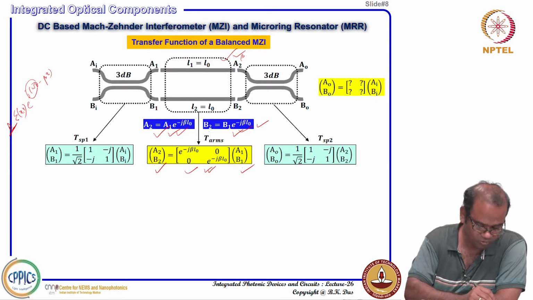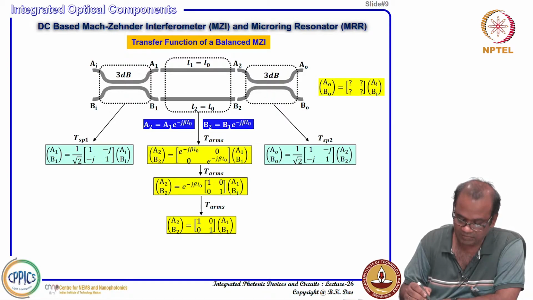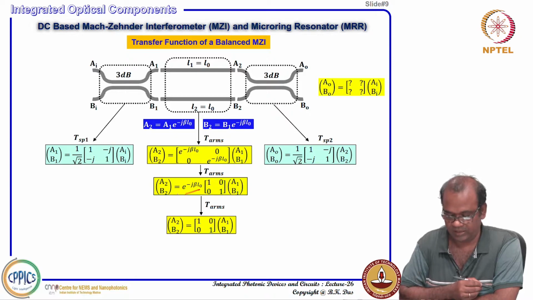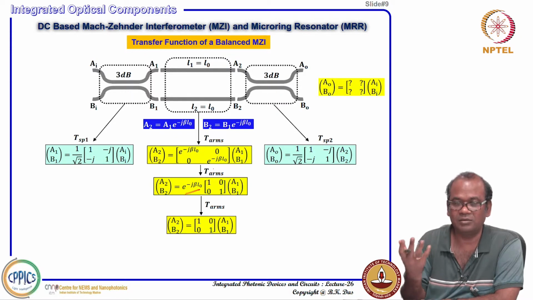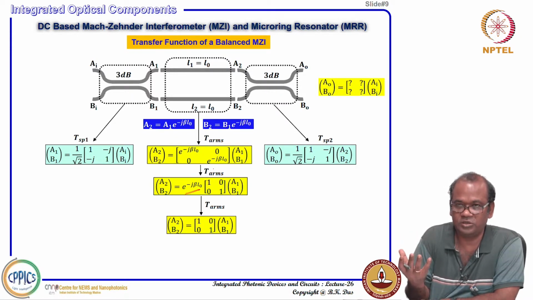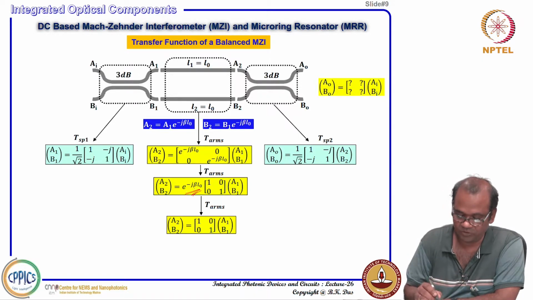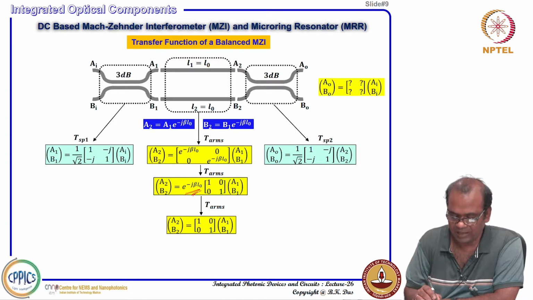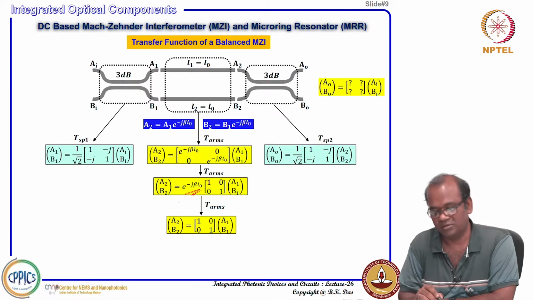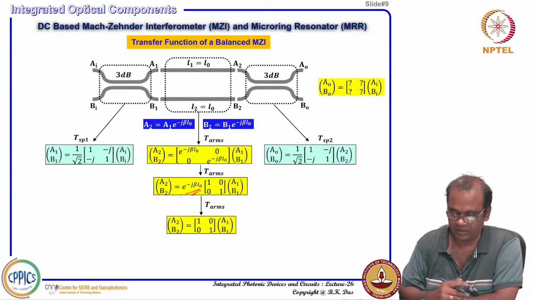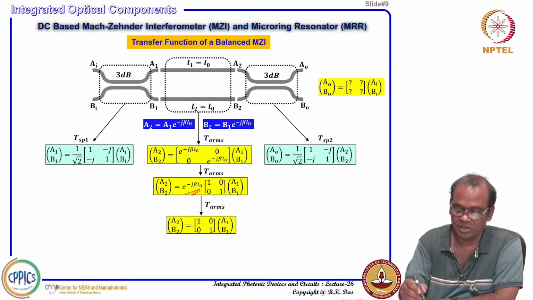So, now what can we do? We can modify this a little, because for the diagonal elements we can take e to the power minus j beta L0 out as a common factor. In any 2 by 2 system, if a common phase factor e to the power minus j beta L0 is there, it is not so important for analyzing the entire circuit, because both outputs will have the same amplitude and same phase.